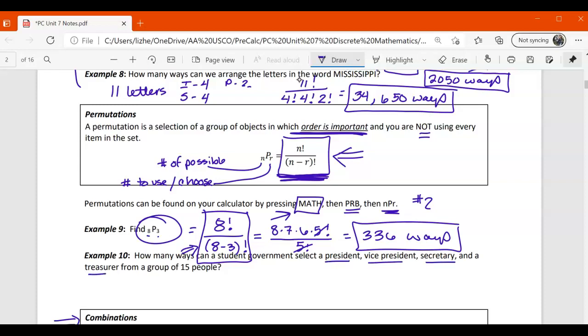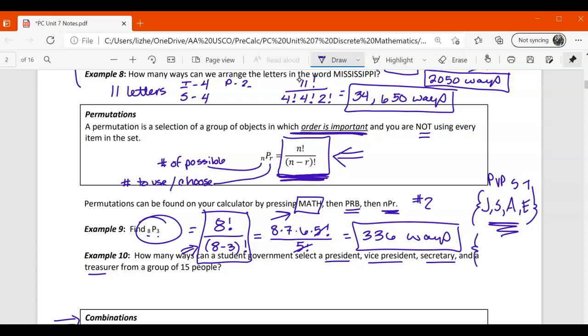For example, if I say Joe, Sam, Andy, and Ellie are the president, vice president, secretary, and treasurer, but I don't know which one is which, well, then that's not very helpful. So technically, the order of these names would matter. In this order, here's president, here's vice president, here's secretary, here's treasurer.